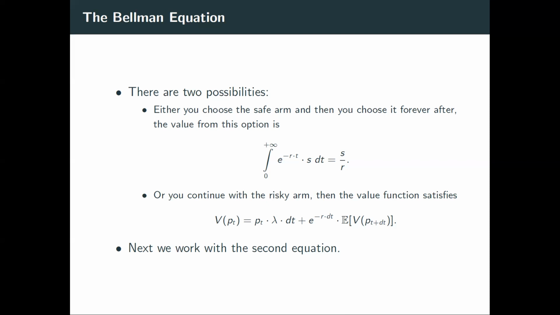If the risky arm is good, which happens with probability p_t, then it gives you either 0 or 1 as a lump sum. And it gives you 1 exactly with probability lambda times dt. That is, p_t is the probability that the risky arm is good, and this is the probability that if the arm is good, then you'll get a payoff of 1 in this time interval of dt.